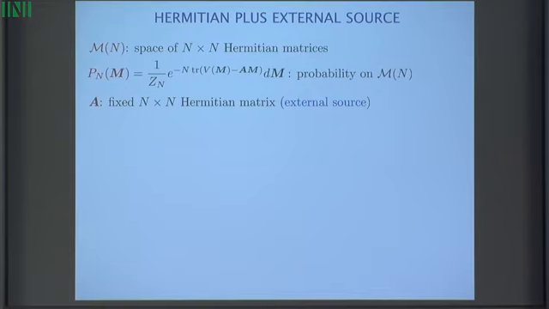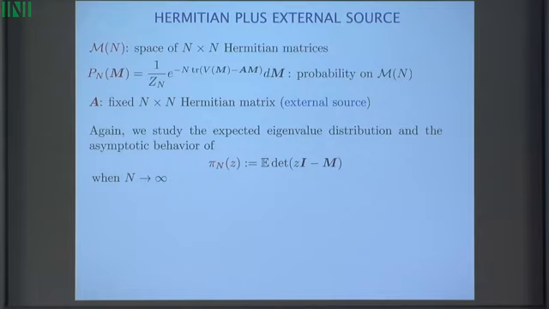So I change the way I select my matrices from my box of Hermitian matrices. Now this is no longer unitary invariant, obviously. So everything becomes much more complicated, but richer and also very interesting.